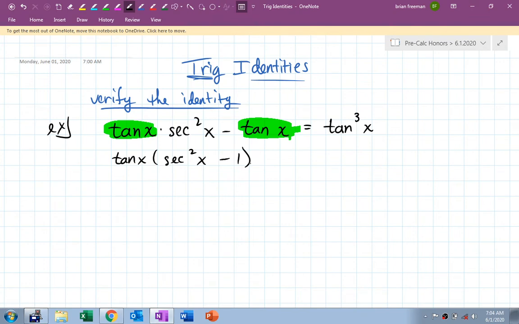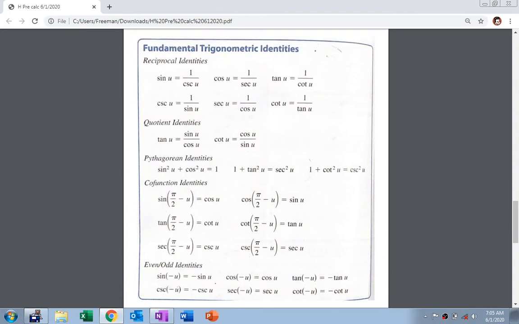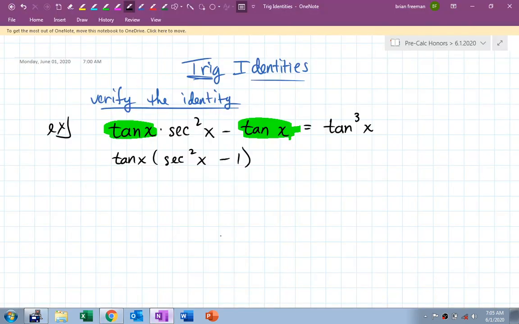But now, anytime I see something squared, the first thing you want to think about are the Pythagorean identities. So if you did jot these down, I'm looking at the Pythagorean identities for something squared. And what I have right now is secant squared x minus 1.